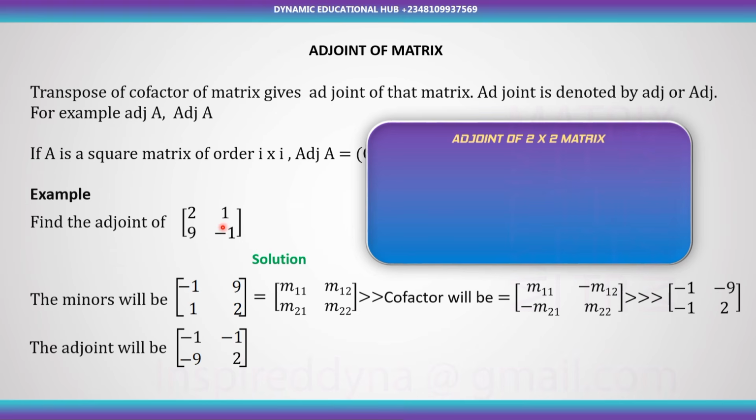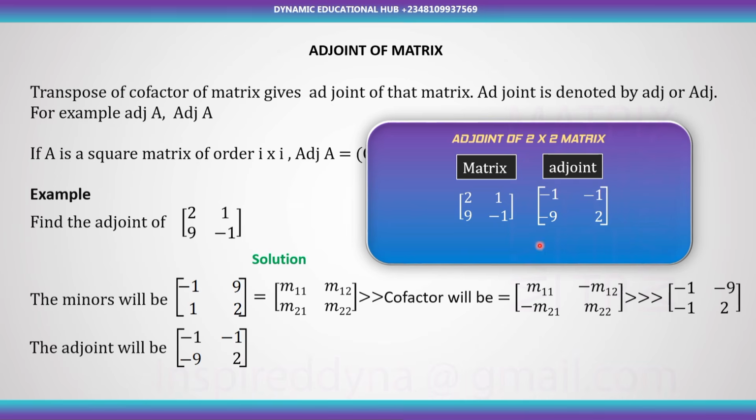Summary: adjoint of a 2 by 2 matrix. Let's say you have this. You want to find the adjoint. There is a short method you can use to find the adjoint. That is what I want to show you. To find the adjoint, the first step is to swap one diagonal. Just one diagonal, just swap them.